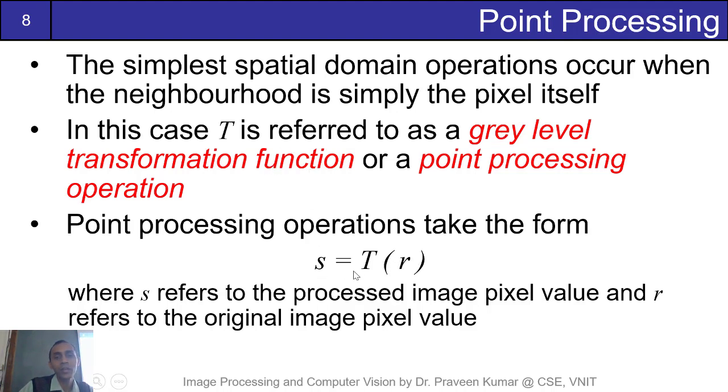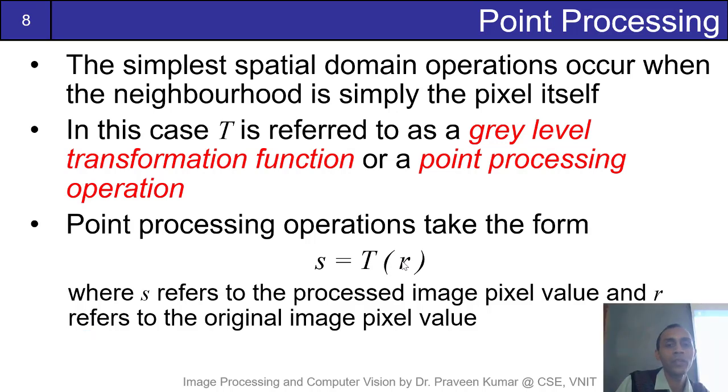There is no x and y involved here. We will be just taking some particular intensity value r in the input range and mapping it to some intensity value s in the output range. So T will be a simple mapping function which will map an input intensity value r to an output intensity value s.